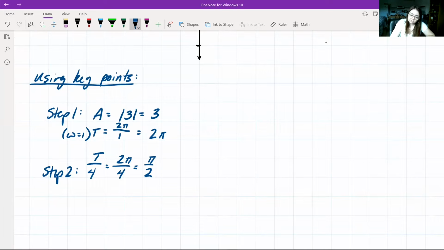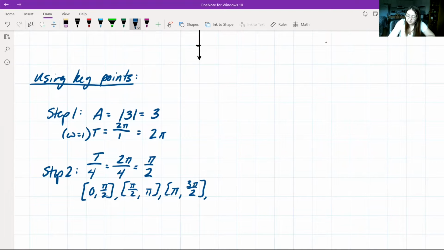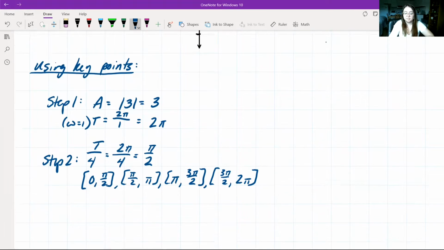This means that our intervals are going to be 0 to pi over 2, pi over 2 to pi, pi to 3 pi over 2, and 3 pi over 2 to 2 pi. So these are our 4 subintervals that we're going to need to be looking at.